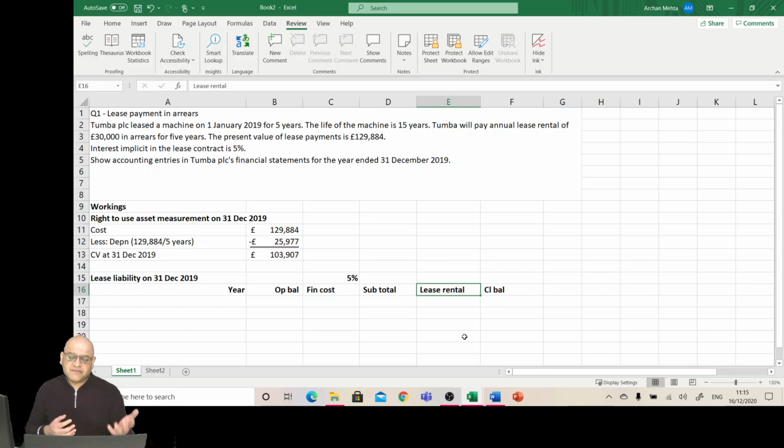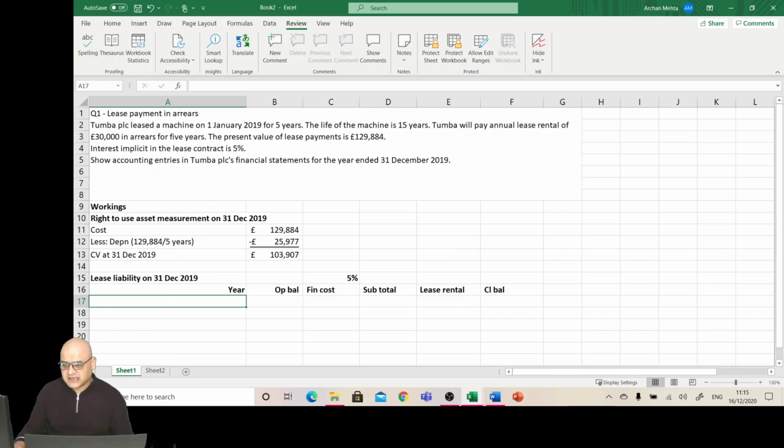So in this case, when Tumba pays £30,000, the £30,000 includes a bit of interest and a bit of capital repayment. If it keeps doing that for 5 years, at the end of the 5th year, all the liability will be gone because it will have settled everything. So when you remove lease rental, you will be left with closing balance.